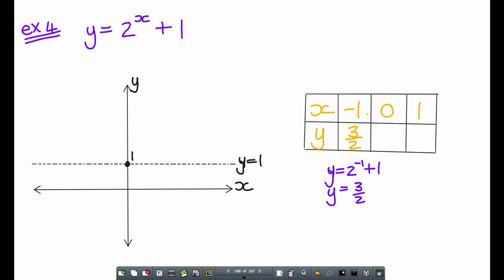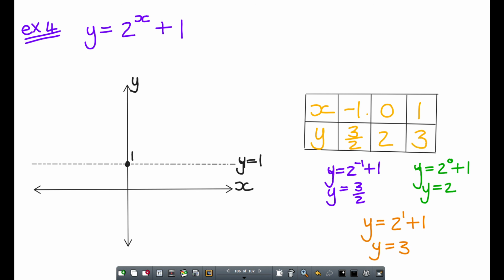So a half plus 1 will give me 1 and a half, but we rather write it as 3 over 2. Okay. If x is 0, then I'm going to have y equal to 2 to the power of 0, which is actually 1, and then plus 1, so y will be 2. Okay, then the last one, if x is 1, 2 to the power of 1 will still be 2, and then plus 1, so y will be 3. Okay, so now we put it in.